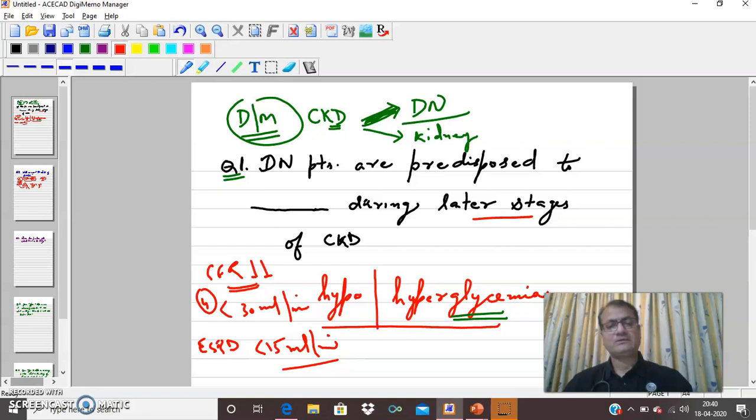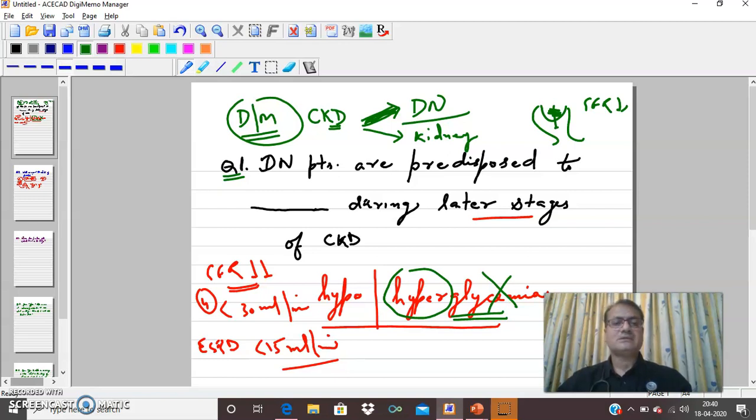Some of us can apply this logic that the glucose is not able to filter down now because there is a shutdown here. The GFR has gone down, and as a result the glucose is persisting in the circulation. So maybe the choice to be filled in here is hyperglycemia. But going by this physiology logic, the answer will be wrong.